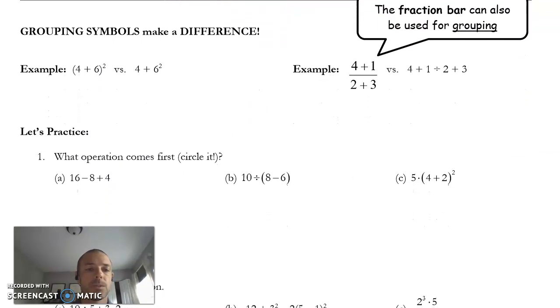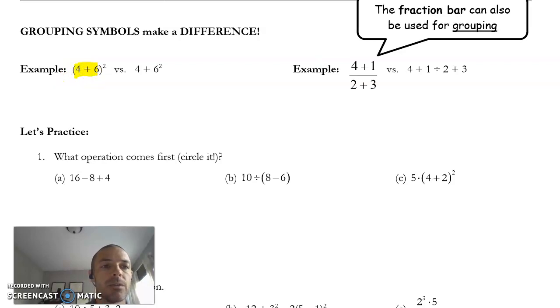First, it does matter with grouping symbols. They make a difference. On the problem here on the left, 4 plus 6 in parentheses then raised to the power of 2 is going to give you a much different answer than 4 plus 6 to the second power. In the first part of this, you have to do the grouping symbols first. That means I'm focused entirely on what's happening inside the grouping symbols.